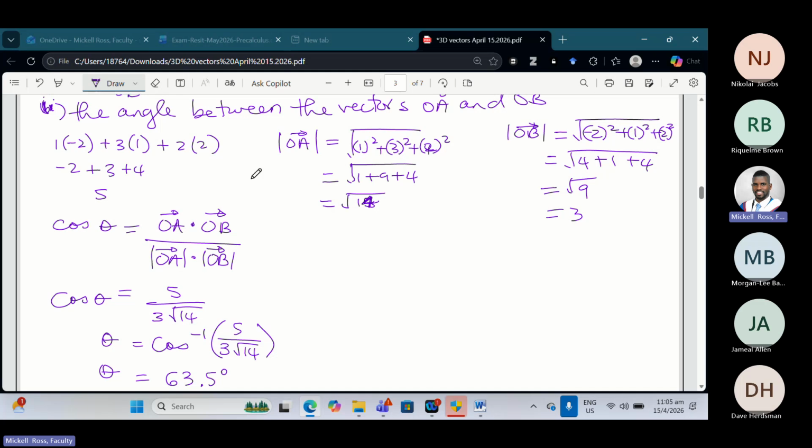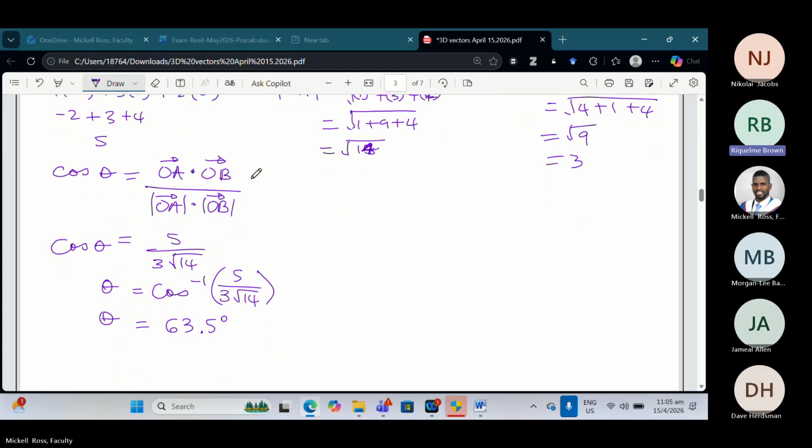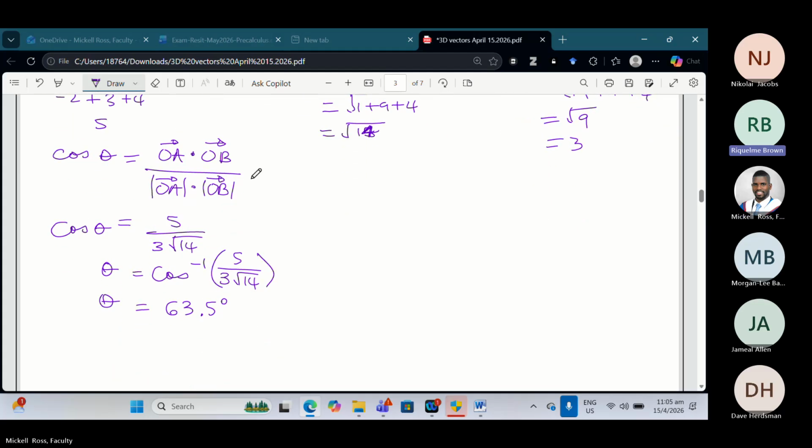If I find the square root of 14, I'm going to get a decimal number, so I'll just keep it as is. But sir, if you did, you would still get the same answer. Yes, if you have root 9 times root 14, you should get the same answer.